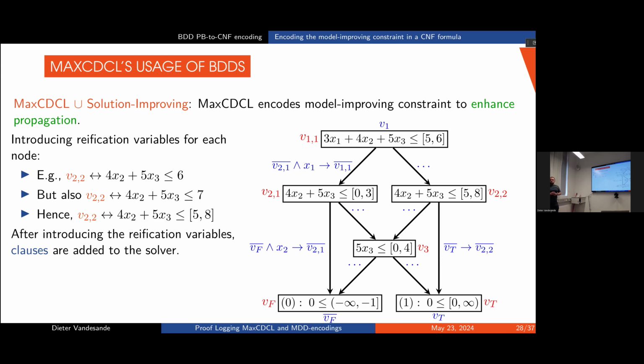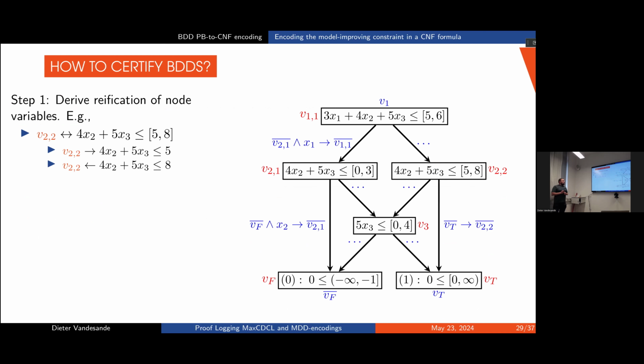So, how to certify this? Well, first of all, we want to reify this. But how do you reify a constraint that has as right-hand side an interval? Well, it turns out that if we take the lower bound for the left direction, and the upper bound for the right direction, that works.